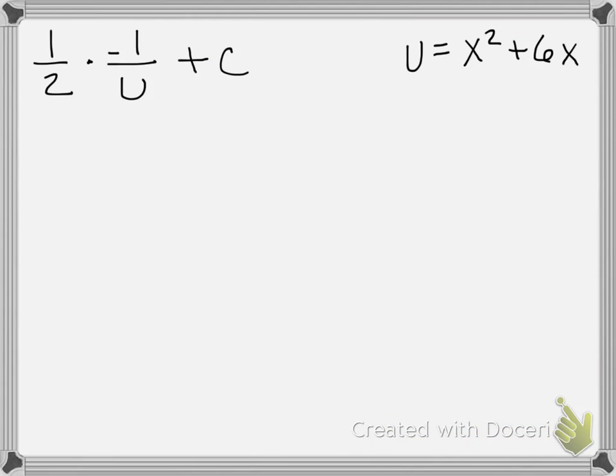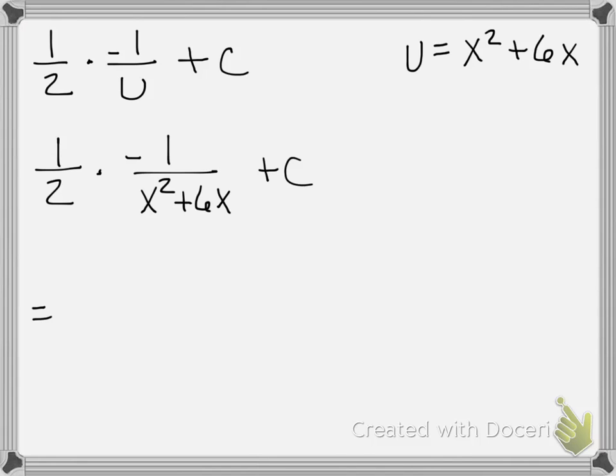Alright, so we had our 1/2 times negative 1 over u plus our constant, and I went ahead and brought over our u as far as what we substituted in for it. So just go through 1/2 times negative 1 over our u, which was x squared plus 6x, plus a constant.